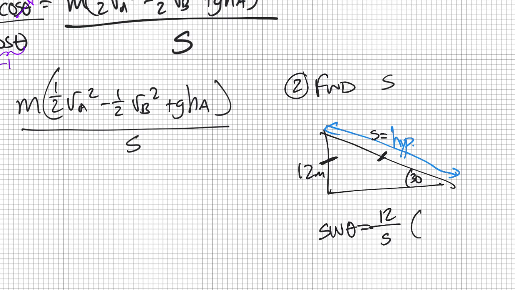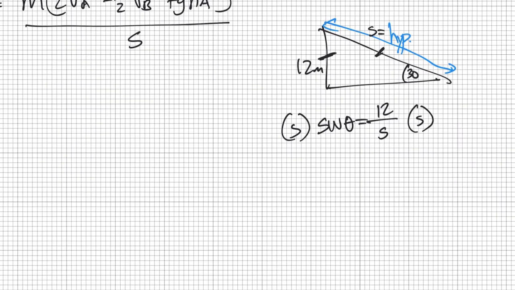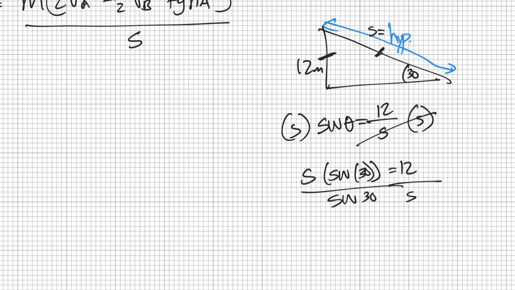So let's solve for S. So we need to multiply each side by S. S's go away, so I have S times the sine of 30 degrees equals 12. I'm going to divide each side by the sine of 30. And I get S equals 12 divided by the sine of 30. That's going to give me an S value of 24 meters.